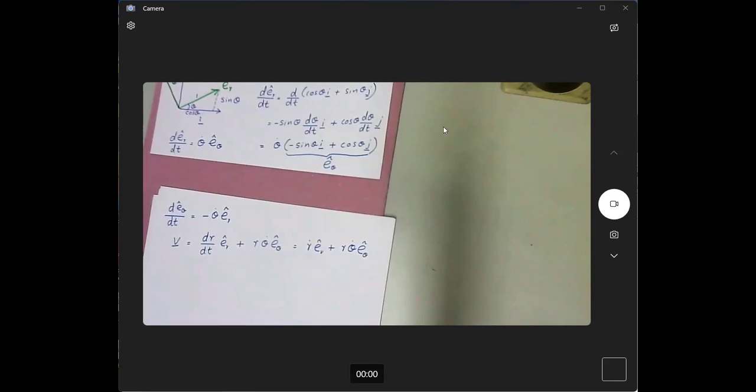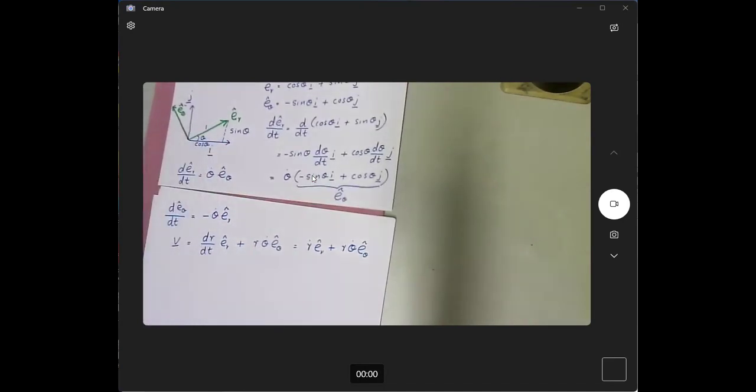That is why at the beginning I told you the coordinates that we use can change with respect to time. It is not a must to have coordinates and unit vectors fixed in time.